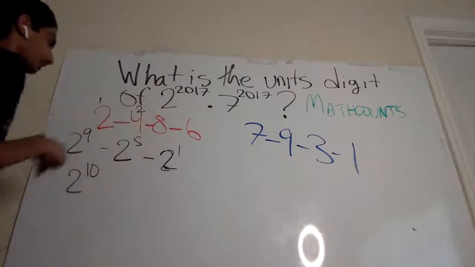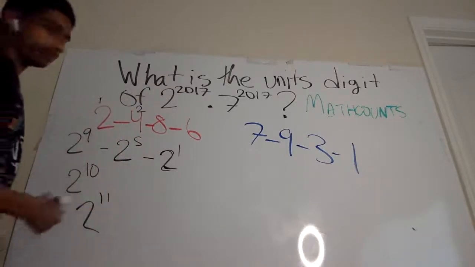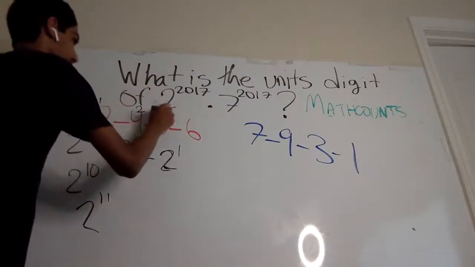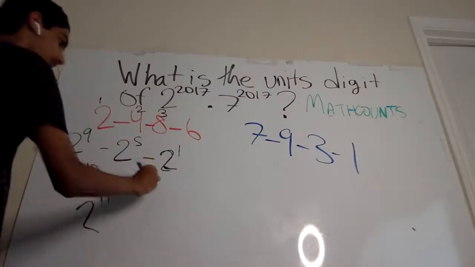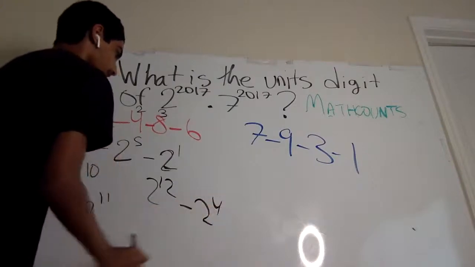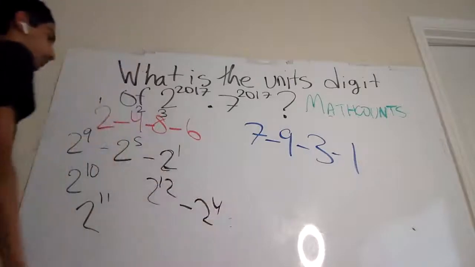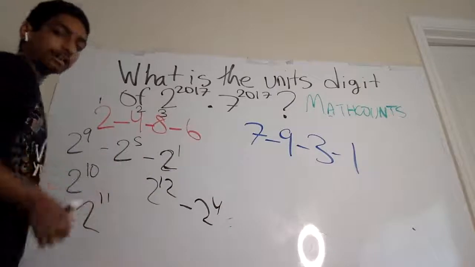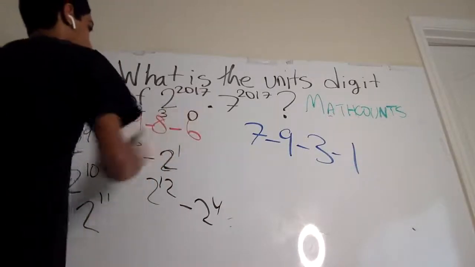And if we have 2 to the power of 11 and divide that by 4, we get a remainder of 3 there, so that'd just be 8. And then 6: if we have 2 to the power of 12, that's the same thing as 2 to the power of 4. So we'd have a remainder of 4, but dividing by 4 does not give you a remainder of 4, so we would just have a remainder of 0 there.